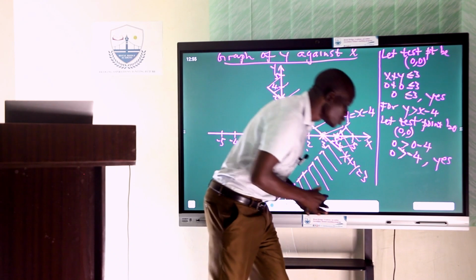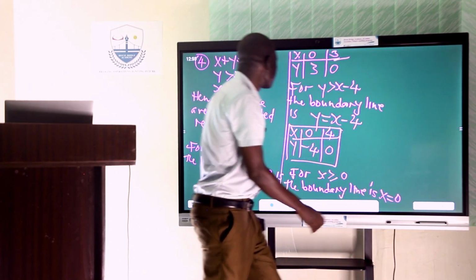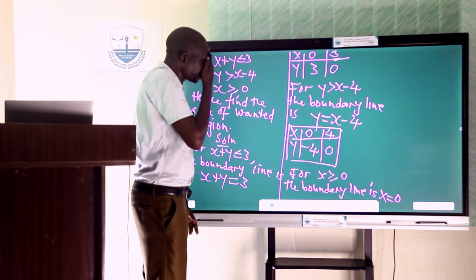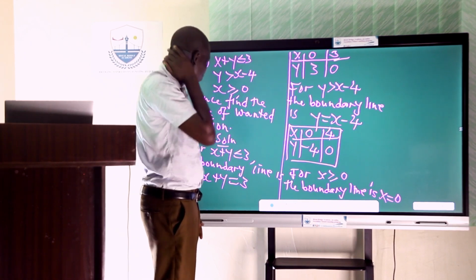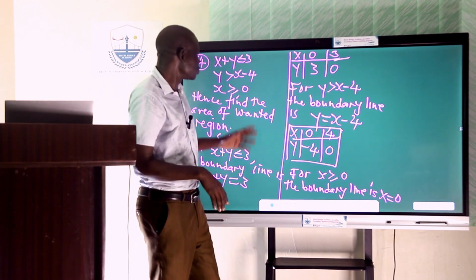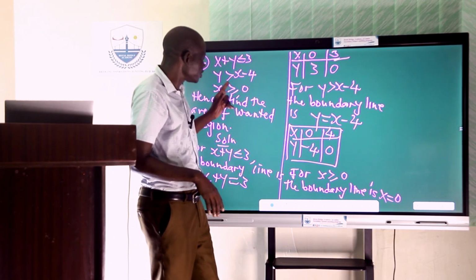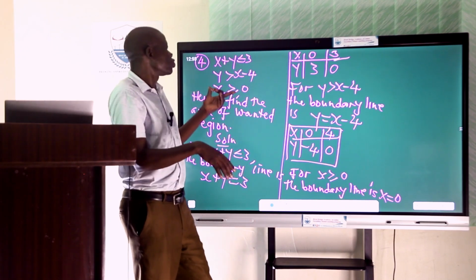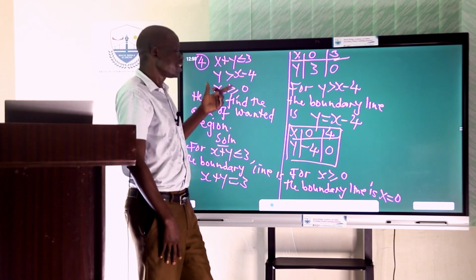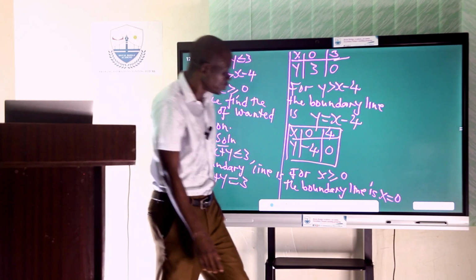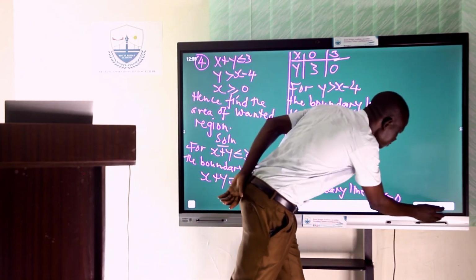We go to the next. The next one is the line y is greater or equal to 0, which is the same as x is greater or equal to 0. So we are going to draw the line x is equal to 0 from our graph.